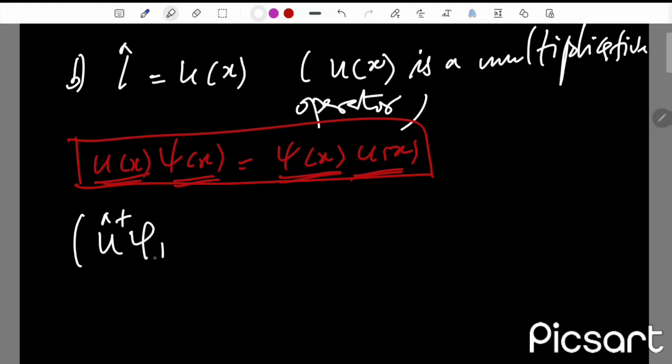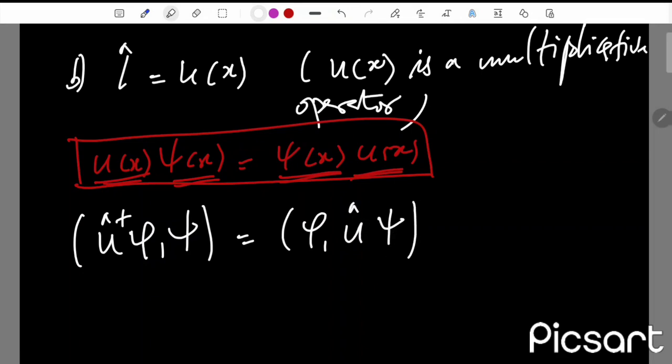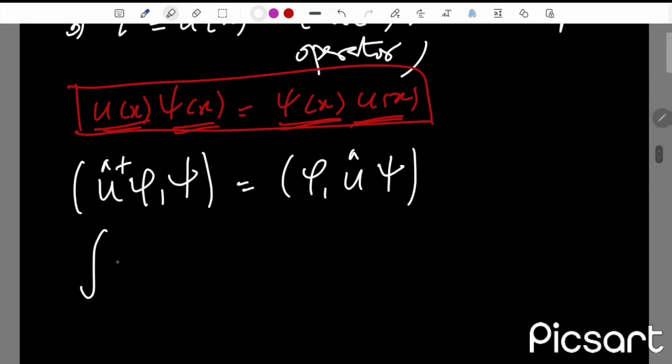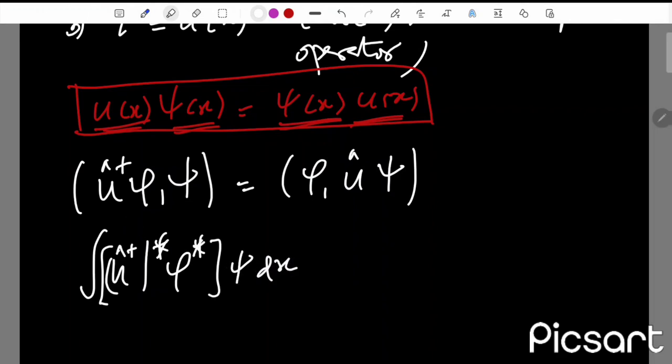For example, here we have the integral of psi has equal to phi u acting on psi, and from here we have u dagger complex conjugate acting on phi times psi d of x has equal to the integral of phi complex conjugate u times psi d of x.